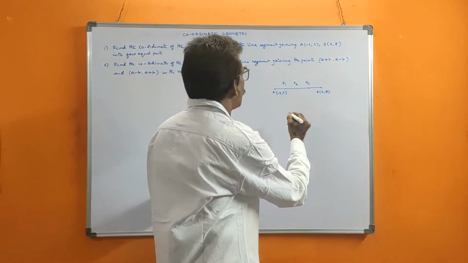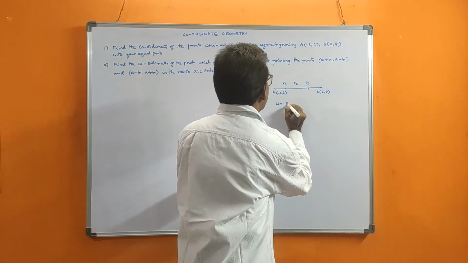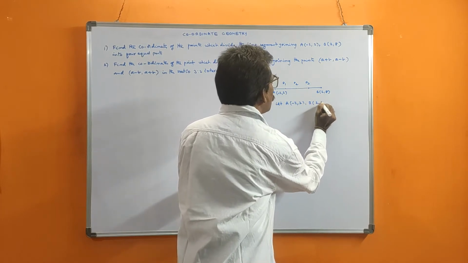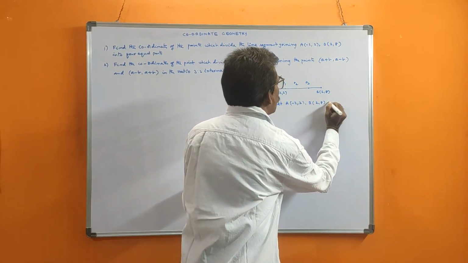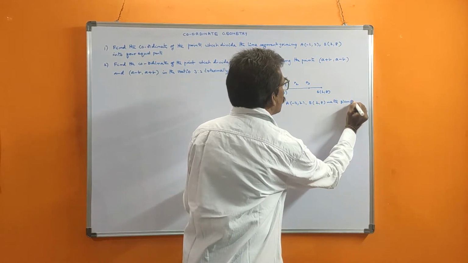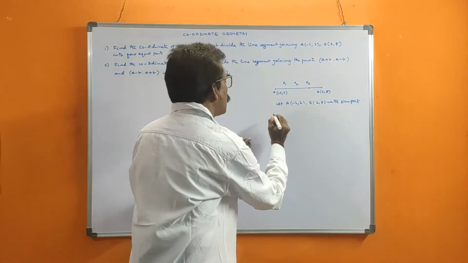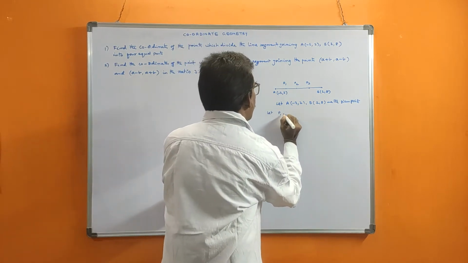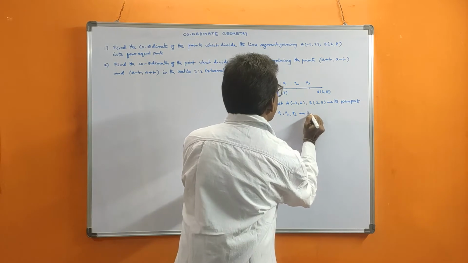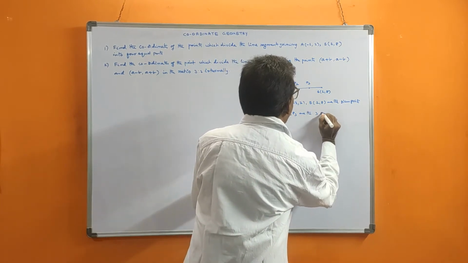Let A(-2, 2) and B(2, 8) be the given points. Let P1, P2, P3 be the 3 points.